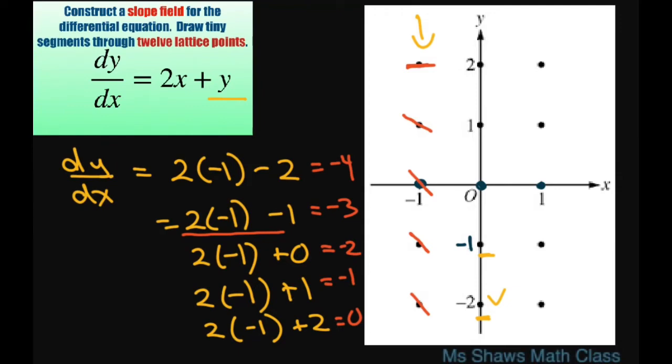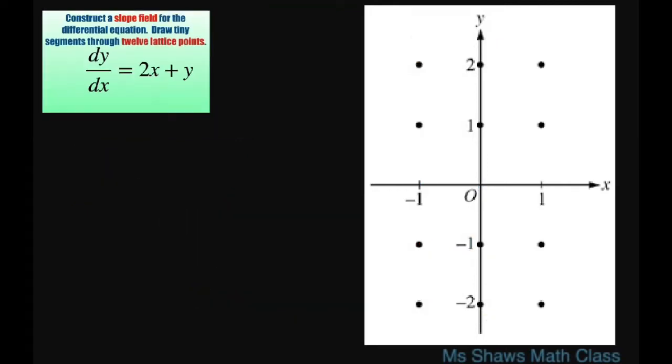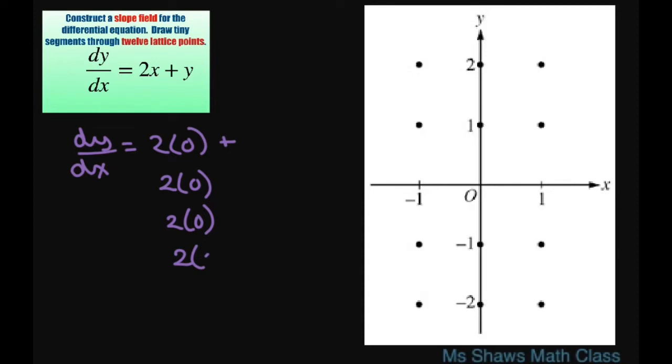And now our next step is to use x is 0 and do the same procedure. So at x equals 0, we're going to have dy/dx equals 2 times 0 plus y. I'm going to do this 5 times.